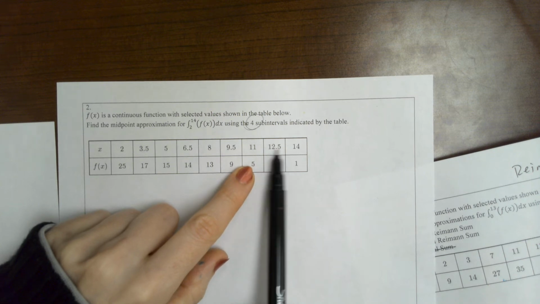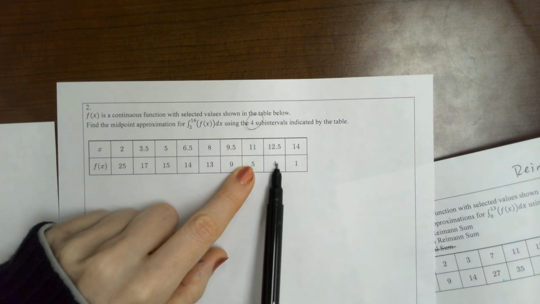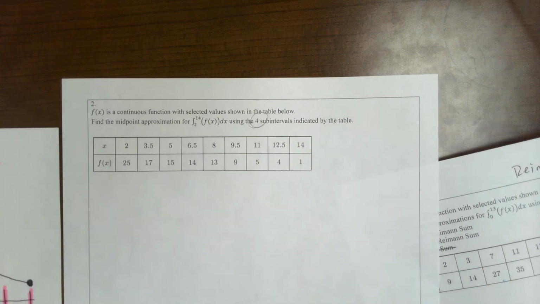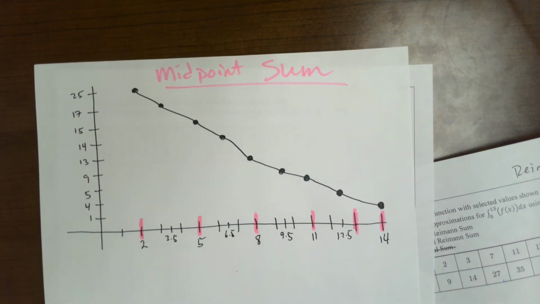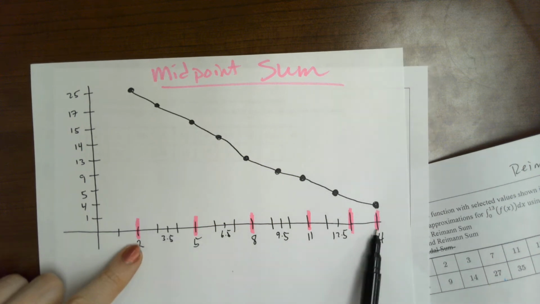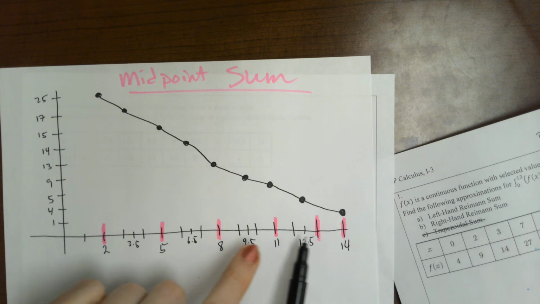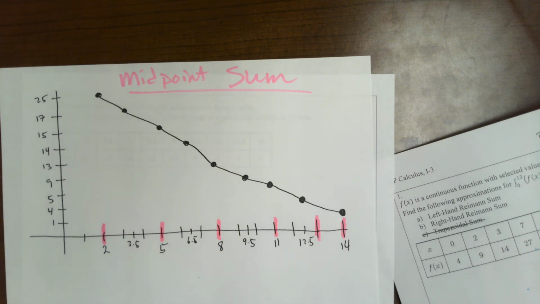And the reason they're giving you the function value for the midpoint of each subinterval is that's what we're going to use for the height. Even though they gave me a lot more values than before, I still just have these 4 subintervals for the bases of my rectangles.